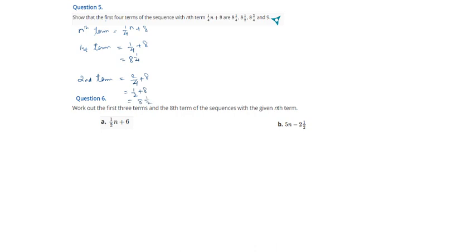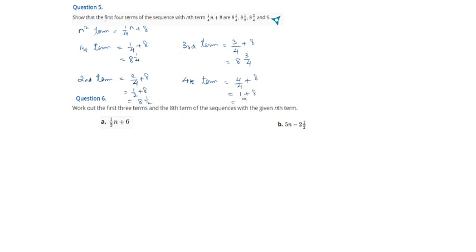The third term is equal to 3 by 4 plus 8, which is equal to 8 3 by 4. And the fourth term is equal to 4 upon 4 plus 8, which is equal to 1 plus 8 is equal to 9.